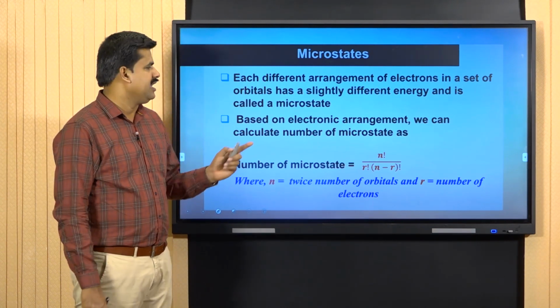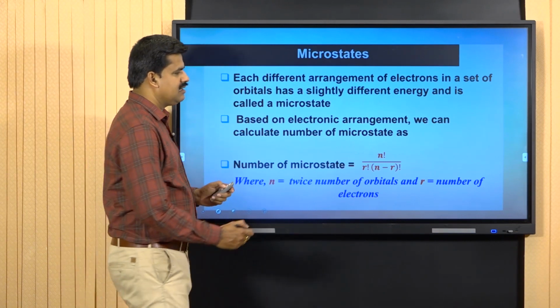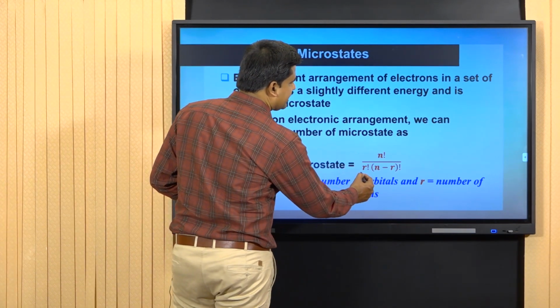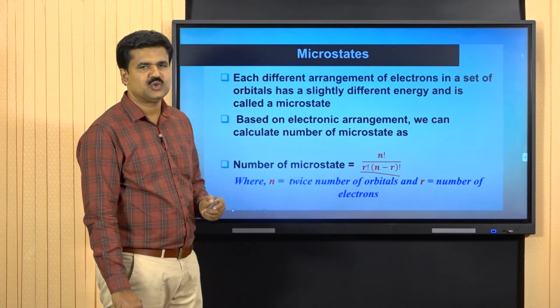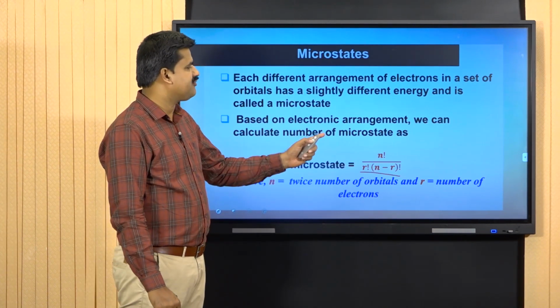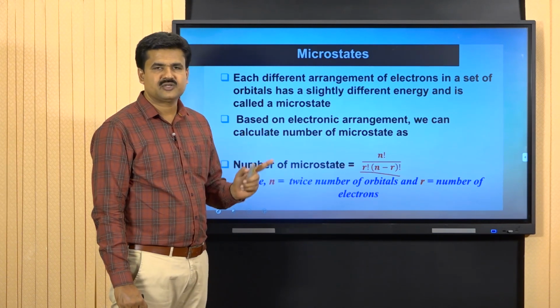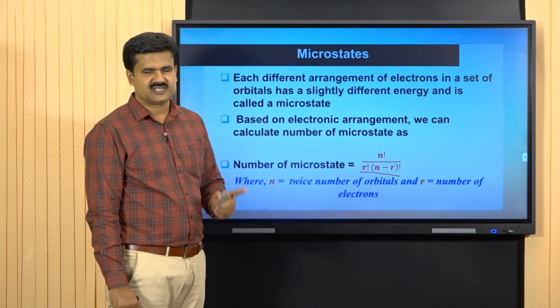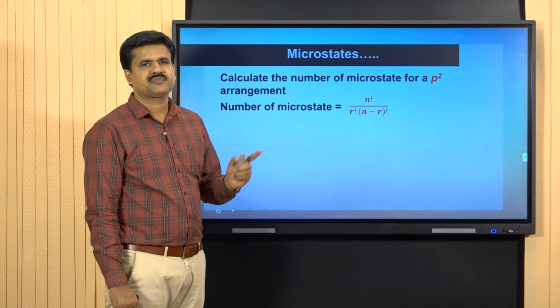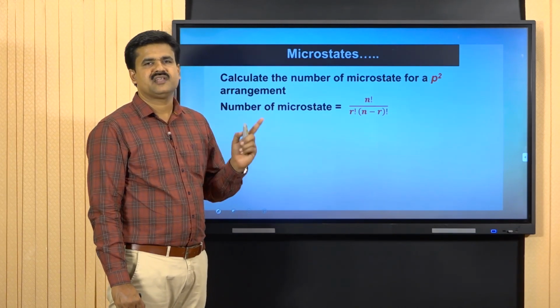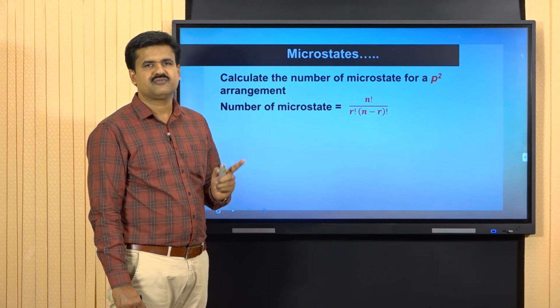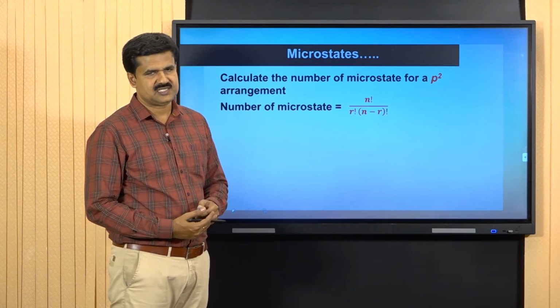That is, the number of microstates associated with a particular electronic arrangement can be calculated by using the expression n factorial divided by r factorial into n minus r factorial. Now, we can do some examples associated with the number of microstates for a P2 arrangement.